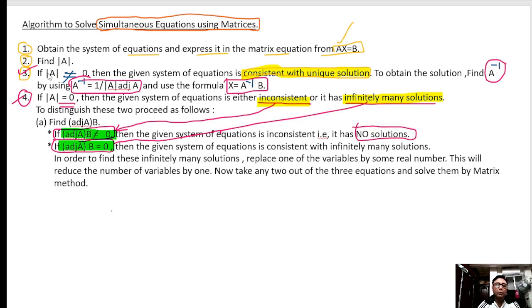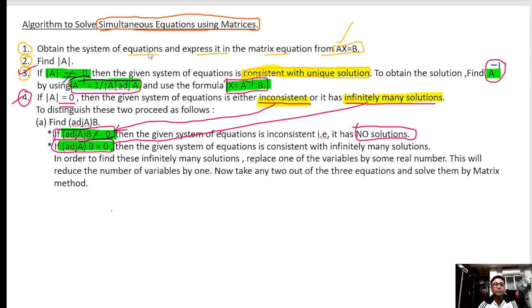And if mod A is not equal to 0, then you have to find A inverse. How? This is the formula for finding the A inverse. And if you can find A inverse, then you can find the value of X using this formula. So this is the basic approach of this chapter, simultaneous equations.